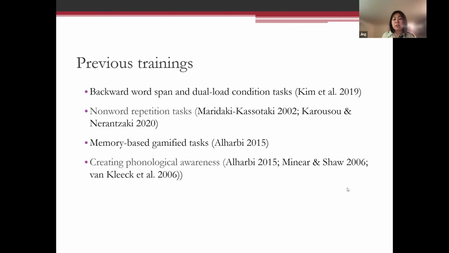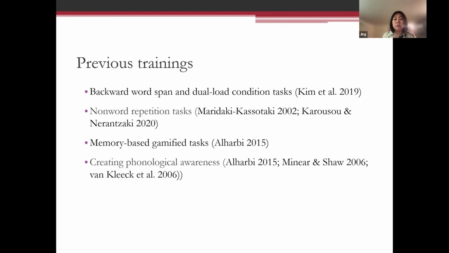And in another study, there is only a memory-based gamified task. This proposed all kinds of classroom instructions which will help foreign language learners of English understand English prosody better, increase their phonological awareness, and train their phonological working memory. But there's no empirical study reported there.